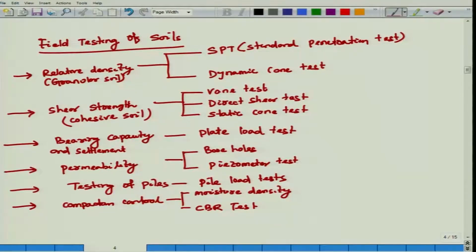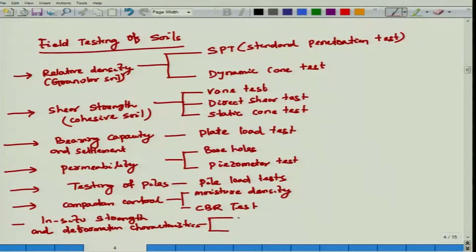Then in situ strength and deformation characteristics of soil. In this case, pressure meter test, then dilatometer test.